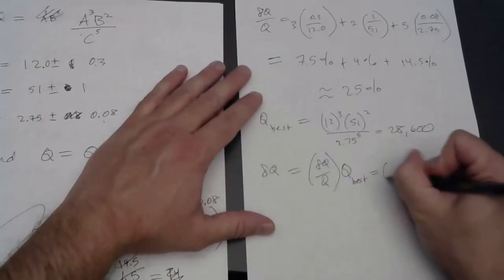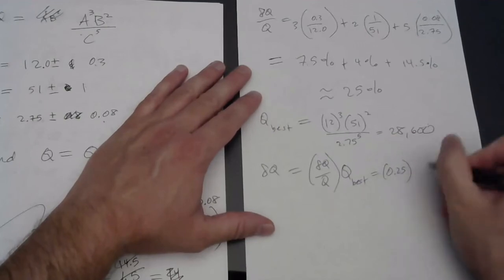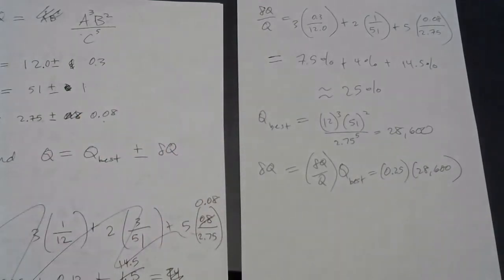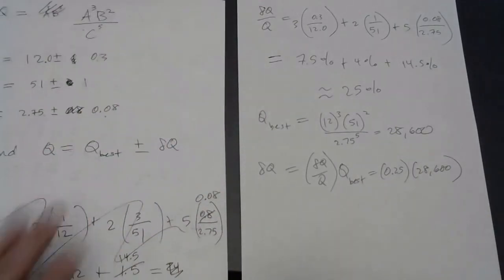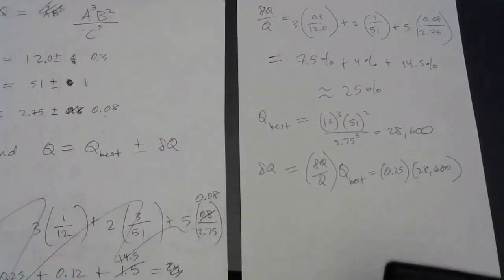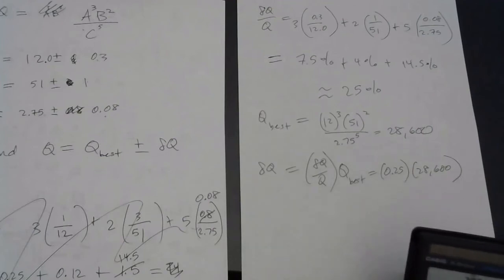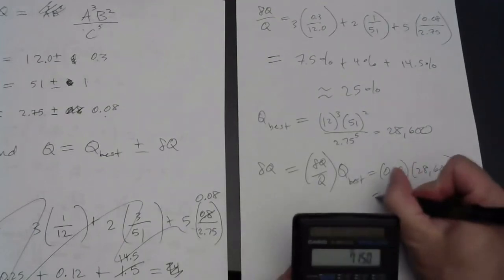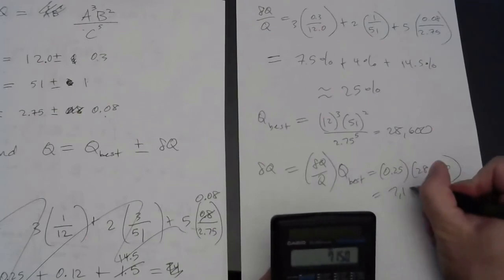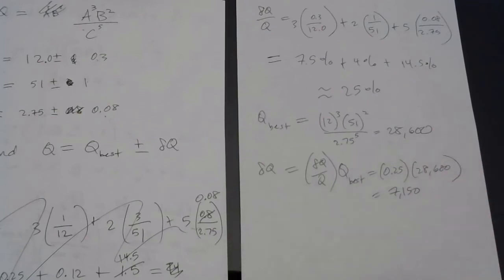In other words, take 25% of 28,600. Normally, each of these quantities would have units associated with it, but I just want you to see how the numbers work out. 28,600 times 25%, I'll just keep all those digits, 7,150.